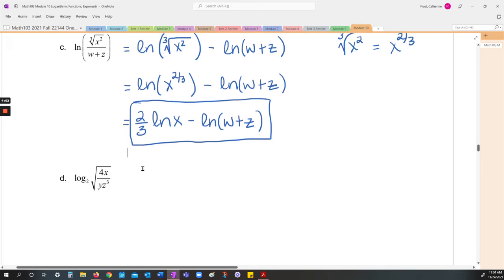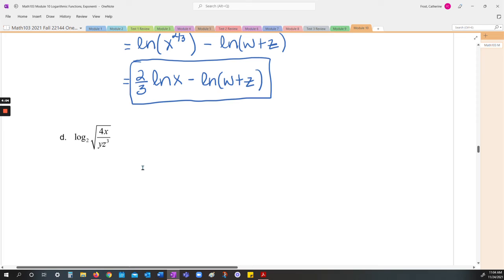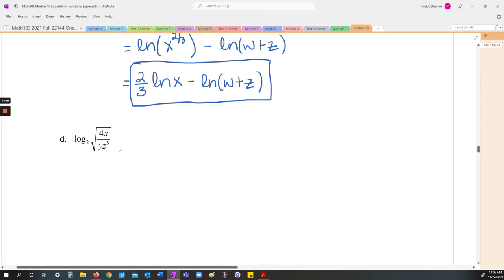All right, and then this one we did do in class, and I'll go over it again. So similar to how we had a cube root up above, and that was the same as having 3 in the denominator, this square root, we can write as all of this to the 1/2 power. So we have log base 2, and big parentheses, 4x over yz cubed.